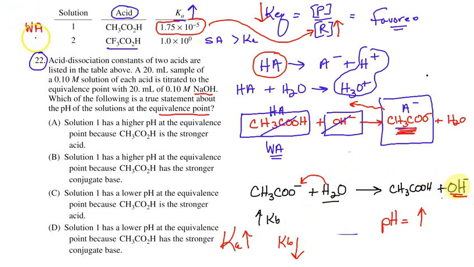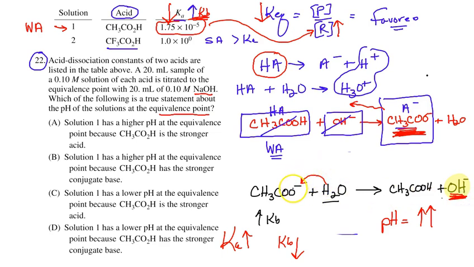So, given these two weak acids, this being the weakest, the lowest Ka, it would produce the what? The highest Kb. And therefore, solution 1 is going to have the strongest conjugate base that's going to produce a bigger pH and more hydroxides because of its great ability to pull H's from water.